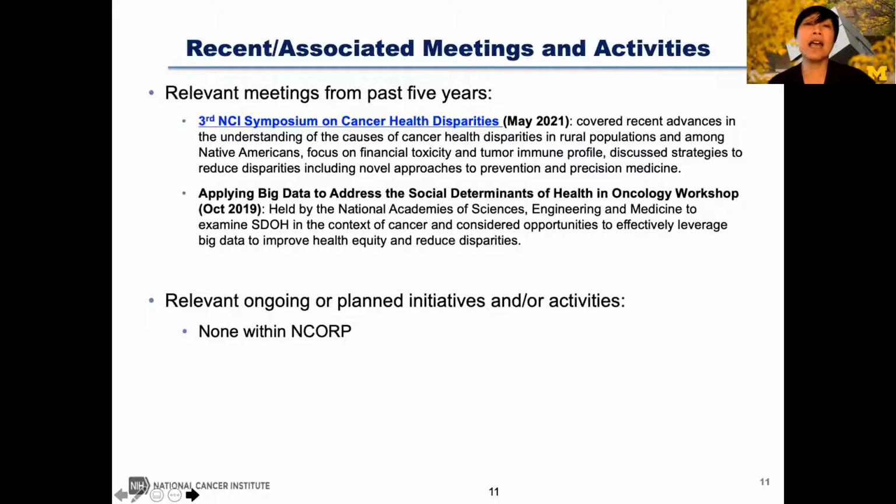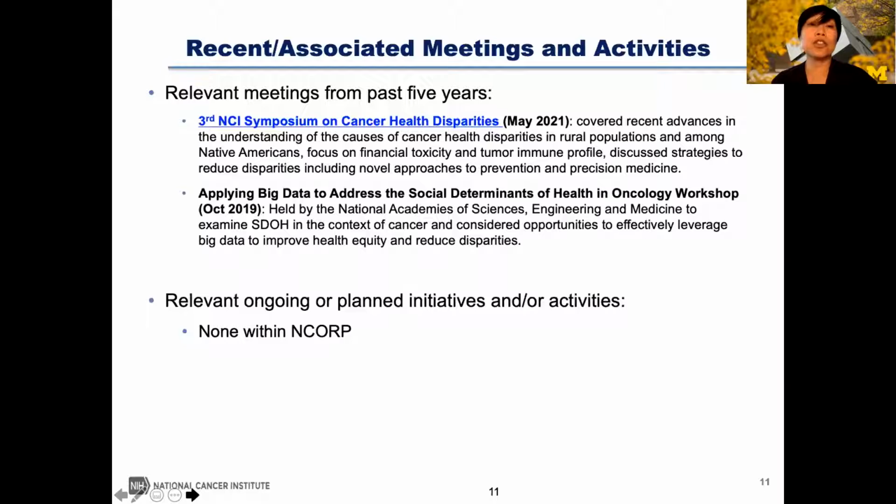The NCI has already convened at least 2 workshops and symposia in this space, including an NCI symposium on cancer health disparities, covering recent advances in the causes of cancer health disparities in rural populations and among Native Americans, as well as one convened to apply big data to address social determinants of health in oncology.